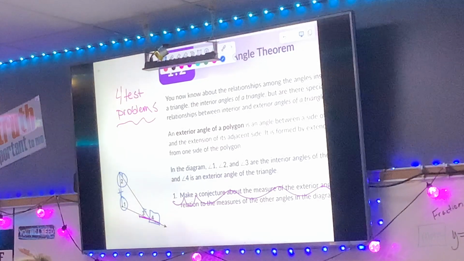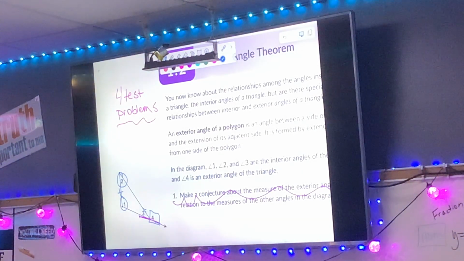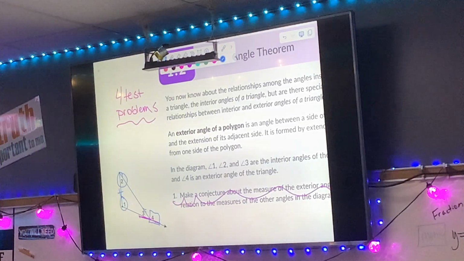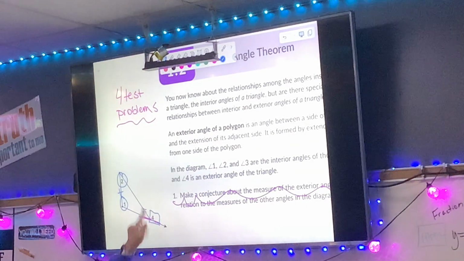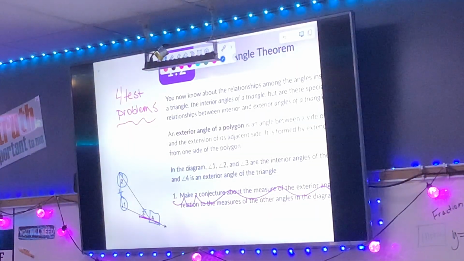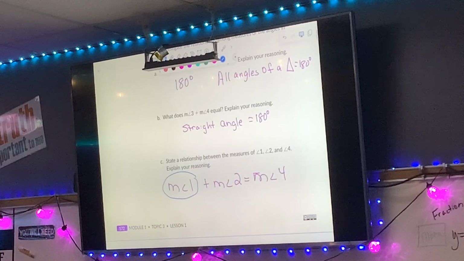So I always say, circle plus circle equals box. And so you know what numbers to put where. So you're always going to take your hand and cover that. Your opposite are your circles, and it's going to equal your exterior. So we are going to go down here, and we are going to circle and box. You will see here in a minute, we're actually practicing with real numbers. This will make more sense.